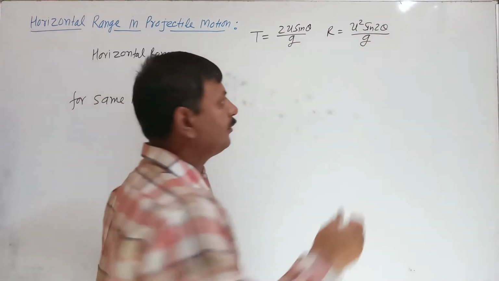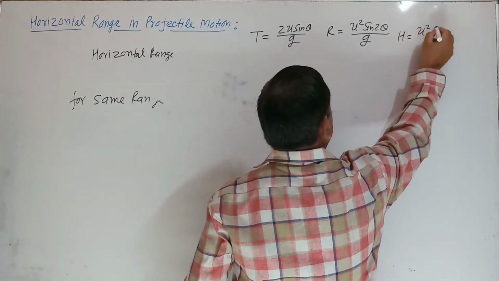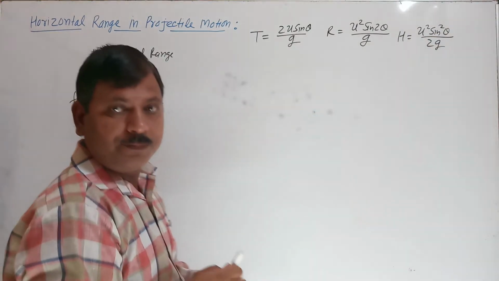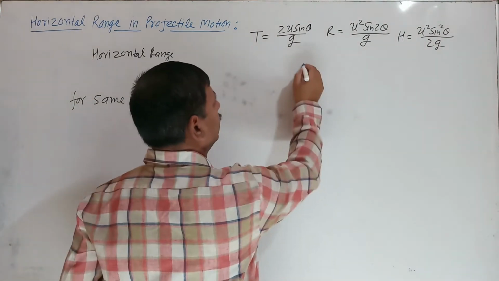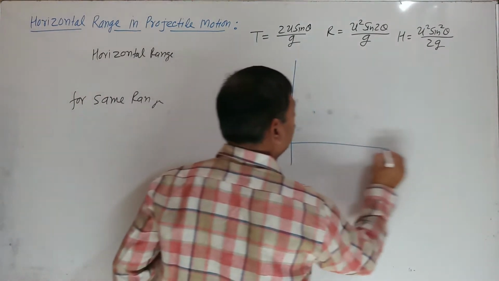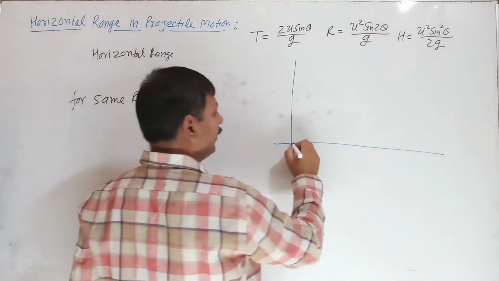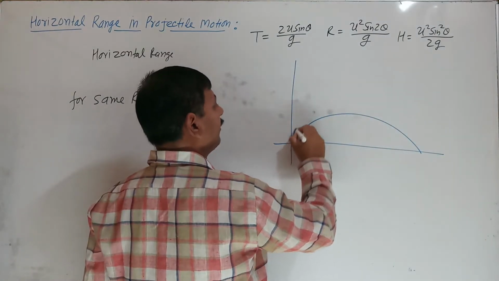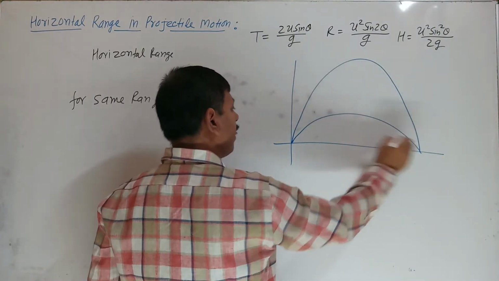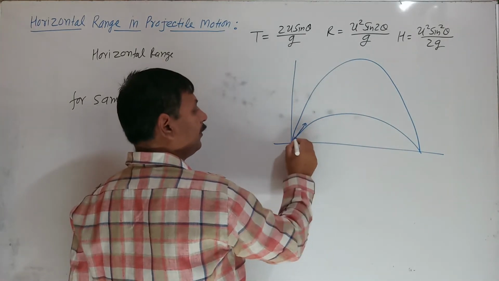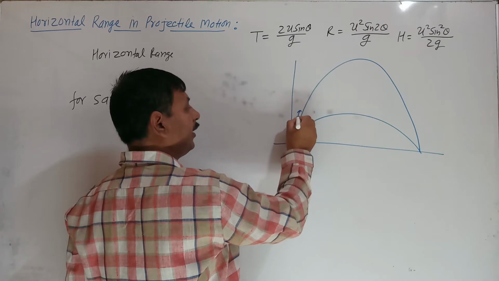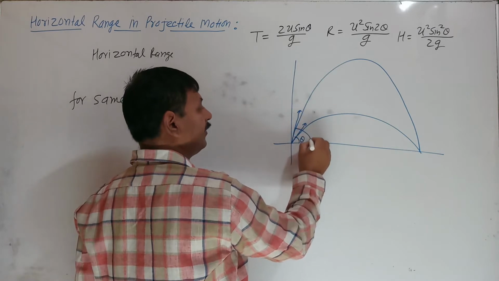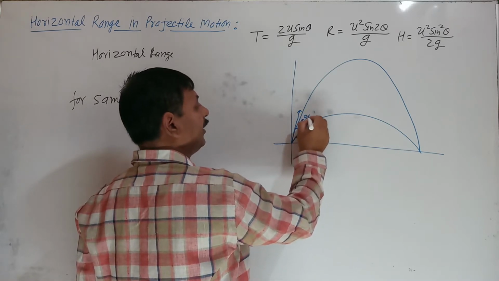Formula for maximum height is what? u square sin square theta upon 2g. See here, I have told you, if you have taken different angles, complementary angles, suppose I have taken angle theta, and I have taken 90 minus theta. Two different angles. One angle of projection I have taken theta, another angle of projection I have taken is 90 minus theta.